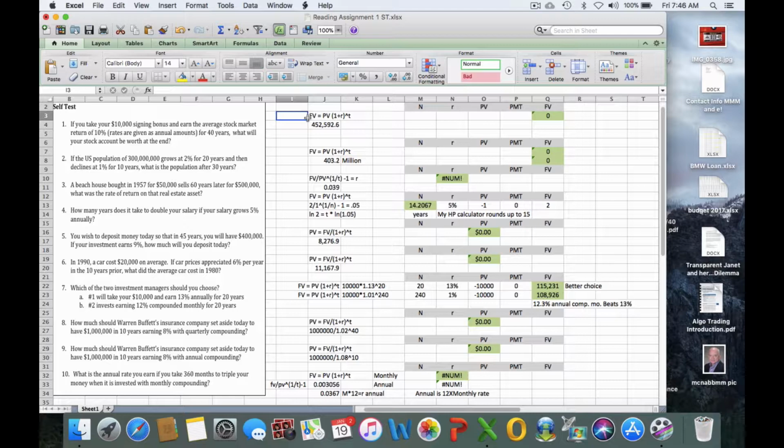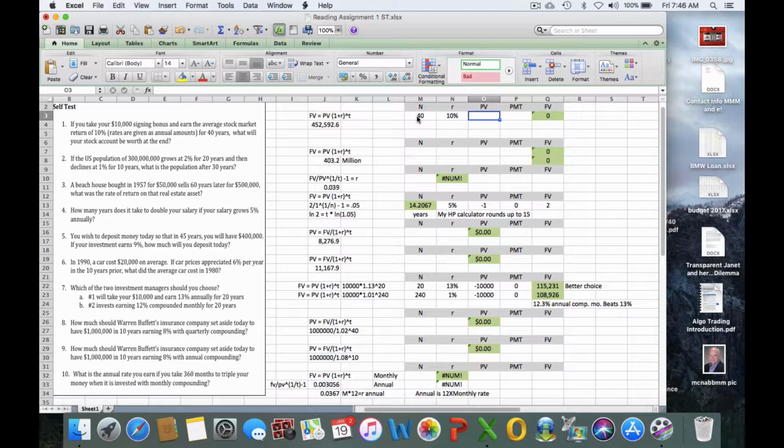So taking a look at the first, $10,000 invested for 40 years and earning 10%. So in your formula, 10,000 times 1 plus r, so 1.1, that's 10% added to 1, 40 years. If you do it in the calculator, it looks almost the same. 40 years invested at a rate of 10%.